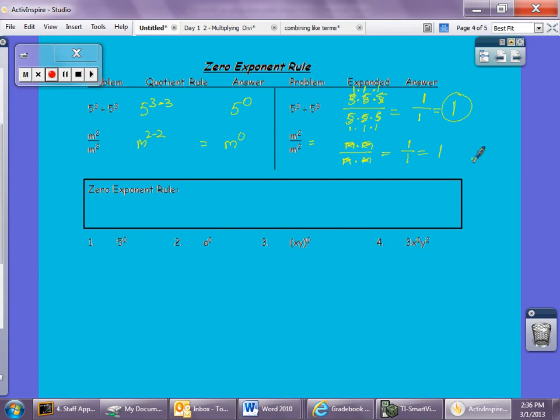So what you need to know is that 5 to the 0 is 1, and m to the 0 is also 1. The zero exponent rule says any number, any variable, anything raised to the 0 power is always 1.